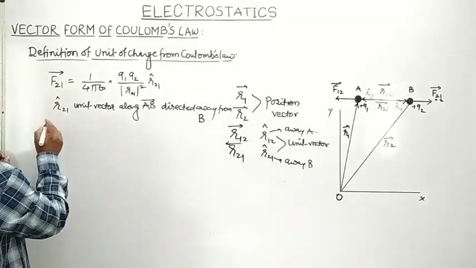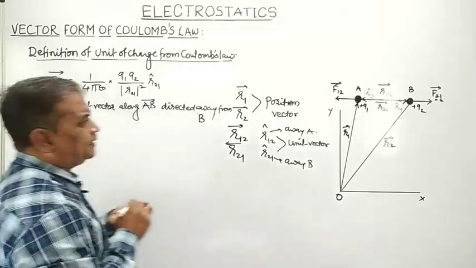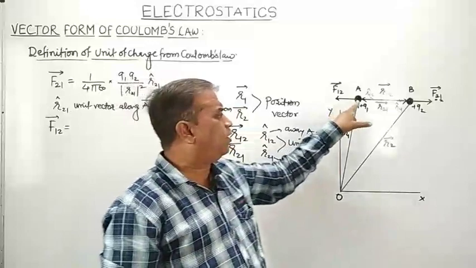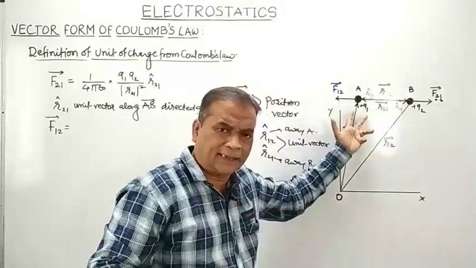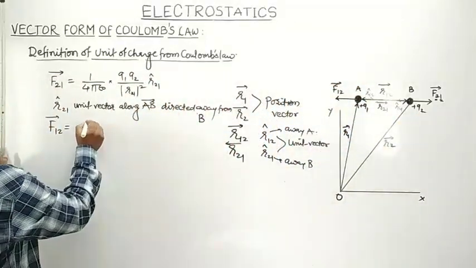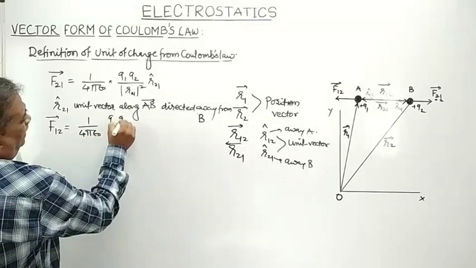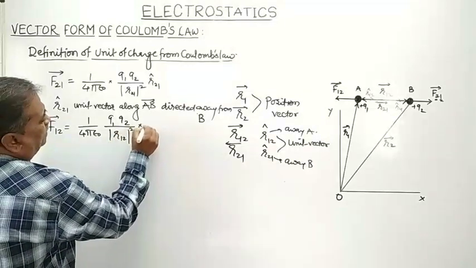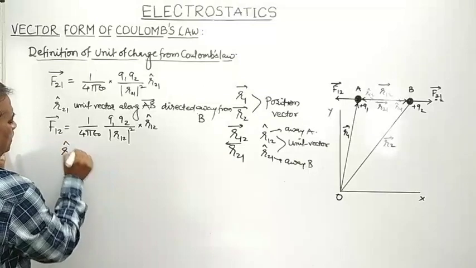Similarly, F12, which I have shown here, is the force exerted on charge Q1 by charge Q2, and it can be given as 1 upon 4 pi epsilon 0 Q1 Q2 divided by R12 whole square into R12 cap, where R12 cap is what?